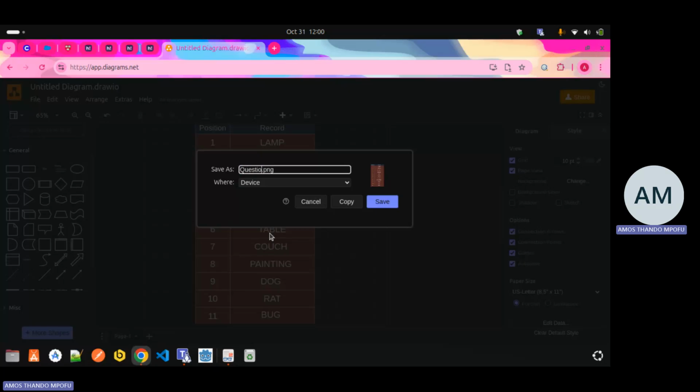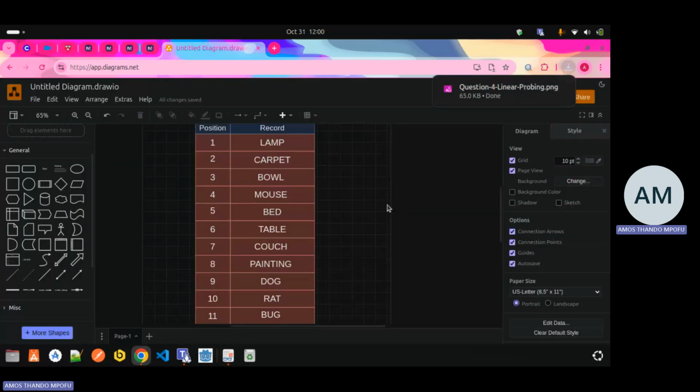So question 4, the linear probing, right? So with linear probing, you don't have any, how do I put it? You don't have any notation or any symbols, right? So that's fine. We just leave it as it is.